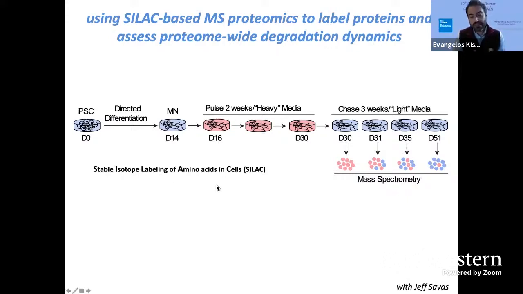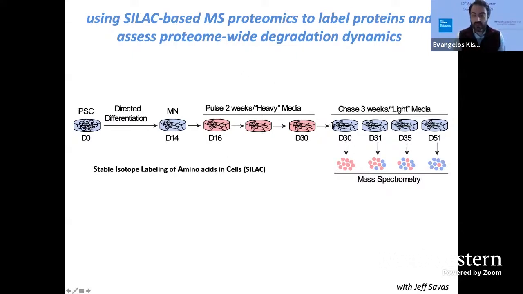This is an approach which allows you to label proteins in the entire proteome with isotope-tagged amino acids, and track their abundance as well as their turnover rates in the context of specific experiments. So what we did here is we fed our motor neuron cultures for 2 weeks with this SILAC-based media to label the entire proteome.